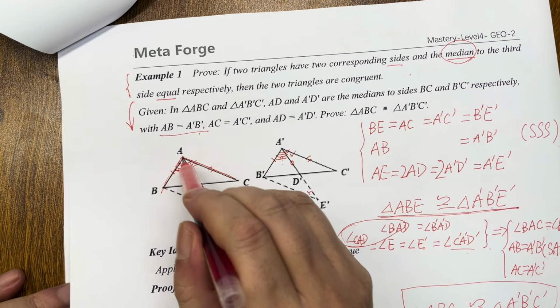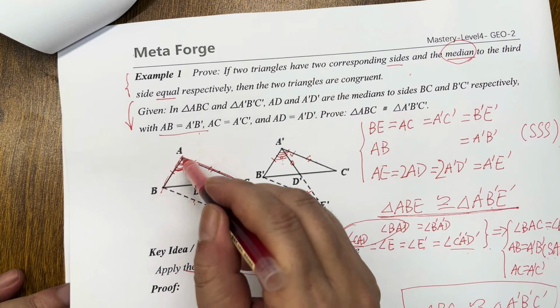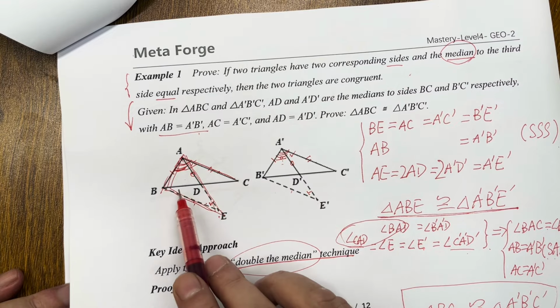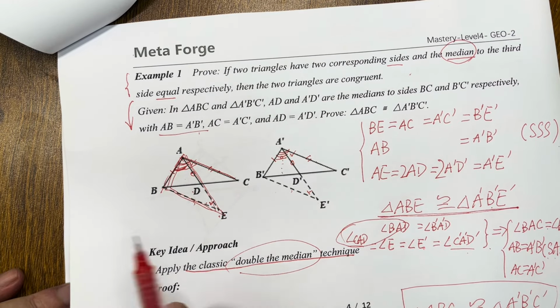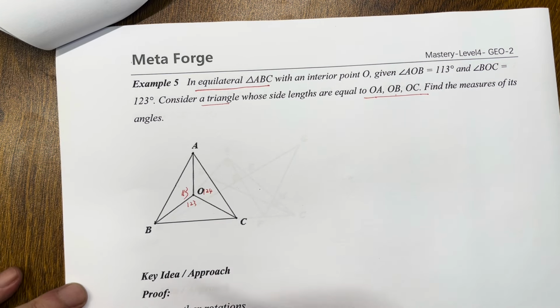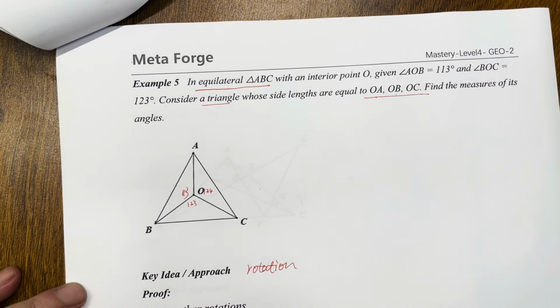Like doubling the median, translate AC to BE, and you form the triangle by yourself and prove the triangles are congruent. Here it is the same, but in this problem we use rotation, because three lengths are equal.